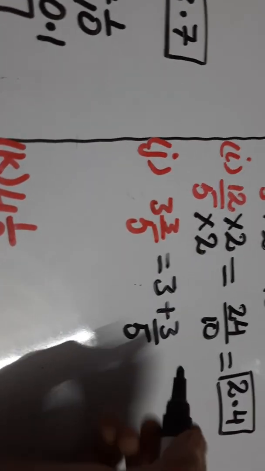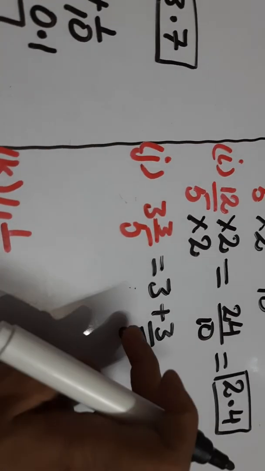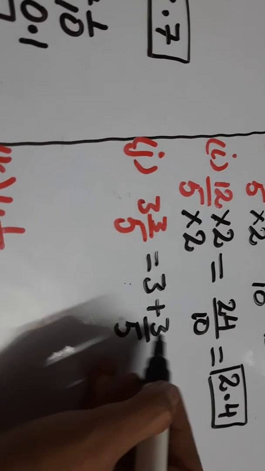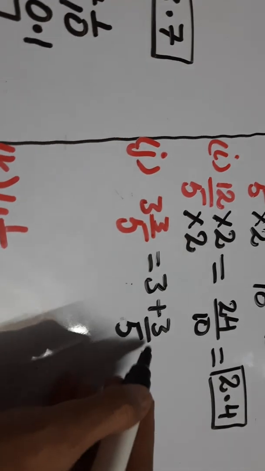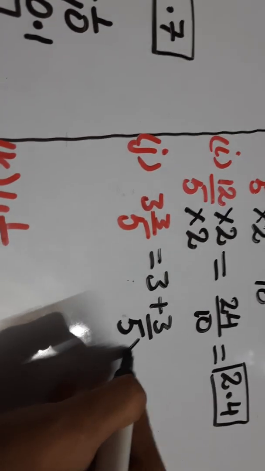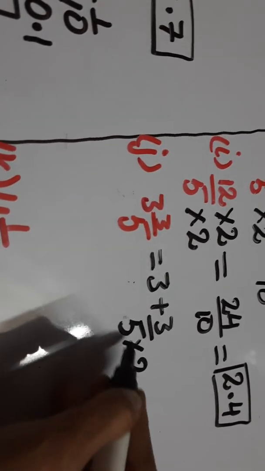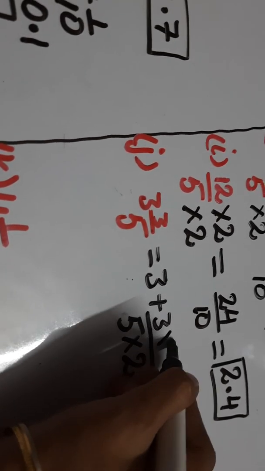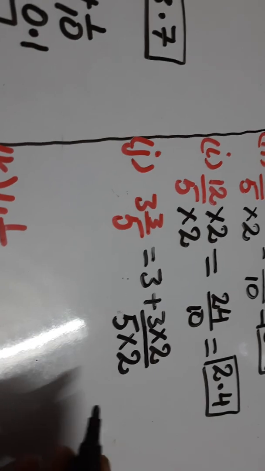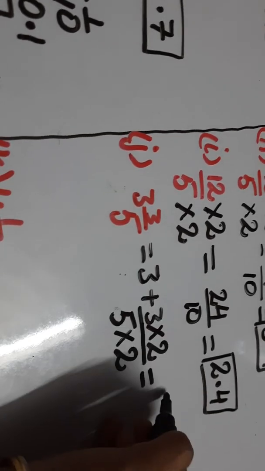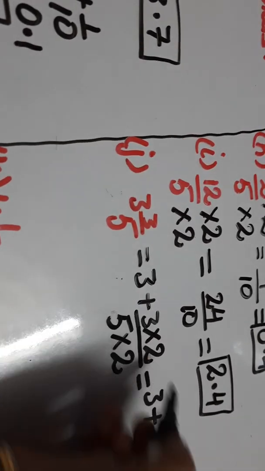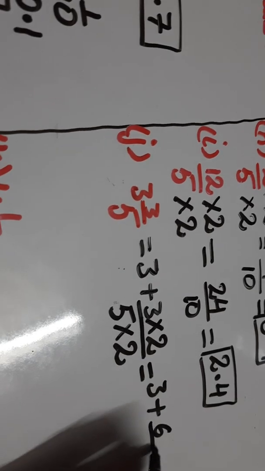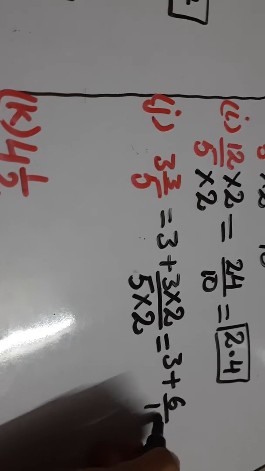But as you know, this is not the 10. We can't place the decimal for 5. We need to convert this into 10. For that, we should multiply it by 2. 5 twos are 10. But if we are multiplying the denominator, we must multiply the numerator also. So what do we get? We'll get 3 plus 2 threes are 6 by 5 twos are 10.